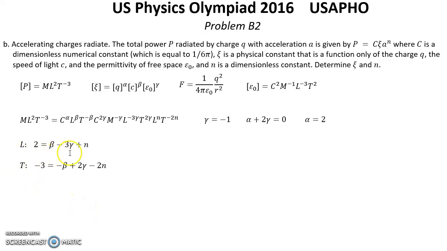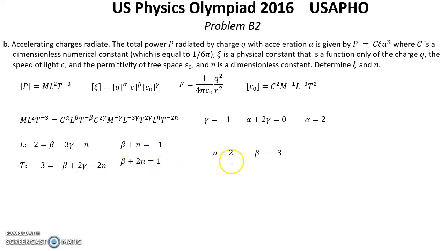For length we have this expression, 2 equals beta minus 3 gamma plus n, and for time we have negative 3 equals negative beta plus gamma minus 2n. Here we already know that gamma equals negative 1, and we have beta plus n equals negative 1, and beta plus 2n equals 1.